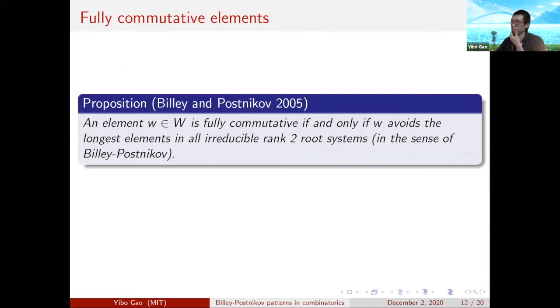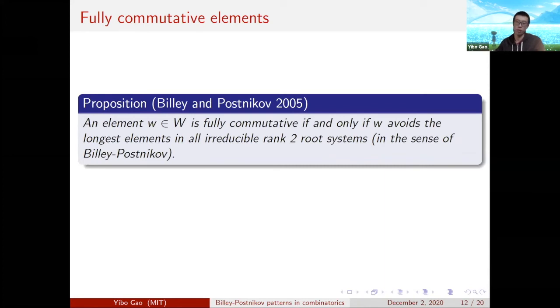This is in the original paper of Billey and Postnikov. An element W in an arbitrary Weyl group is fully commutative if and only if W avoids the longest elements in all irreducible rank 2 root systems.